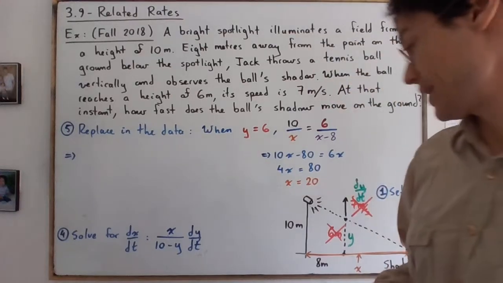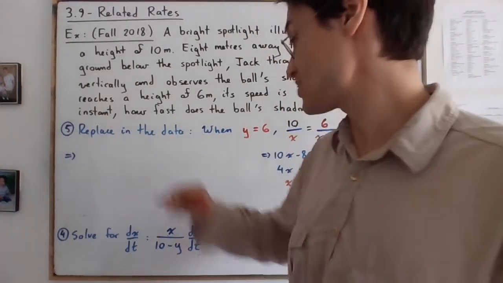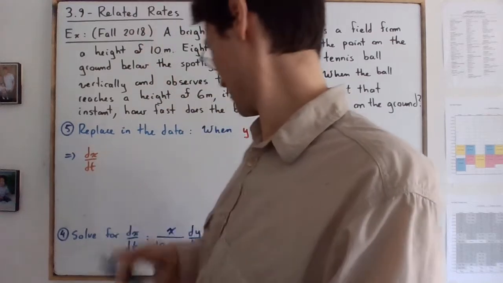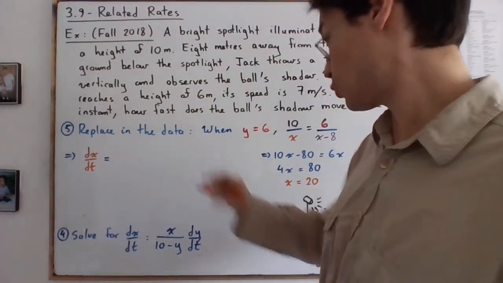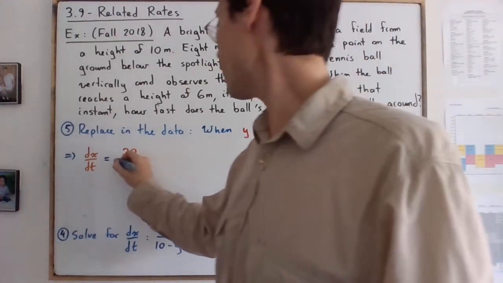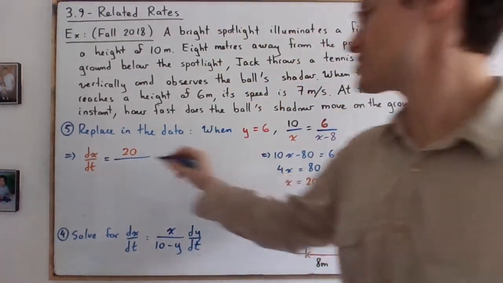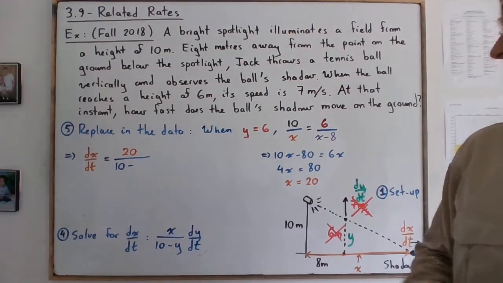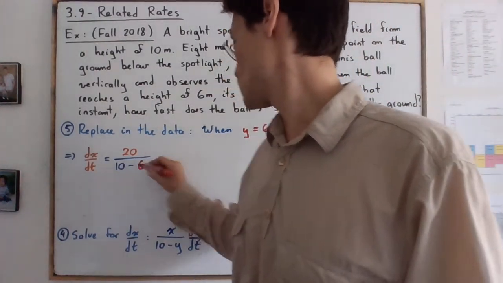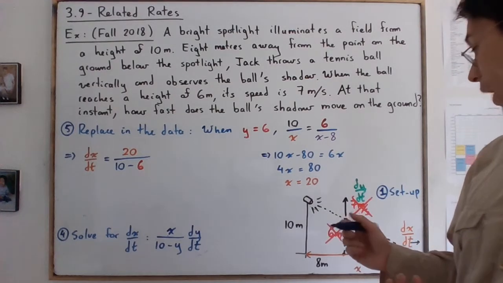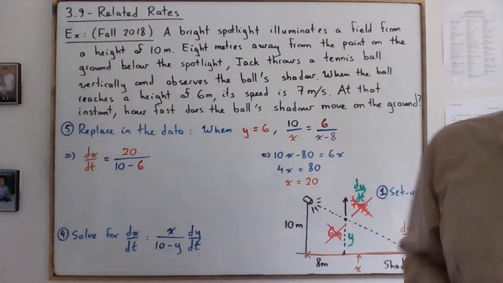So as a consequence, we have that dx over dt, which is what we're looking for, is equal to 20, the number that we just found, over 10 minus y, so 10 minus 6. Okay? And that is multiplied by dy over dt, which at this point we have, right?